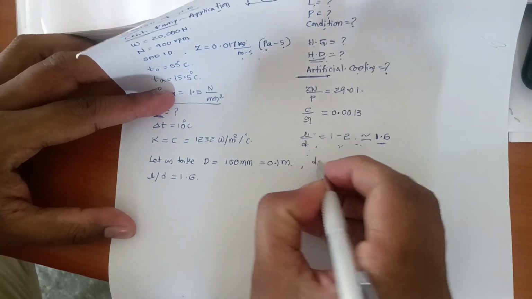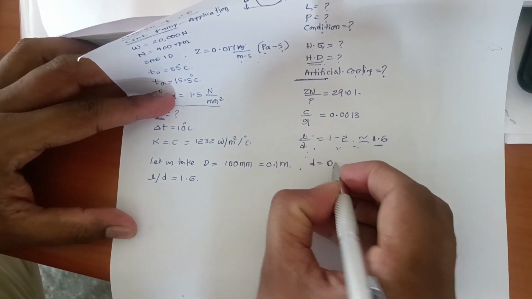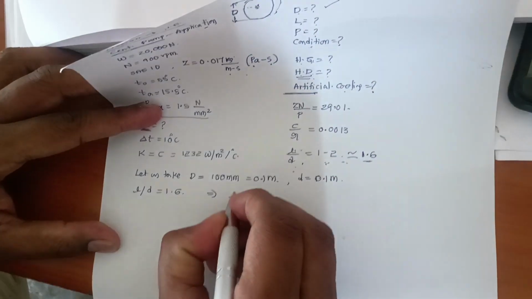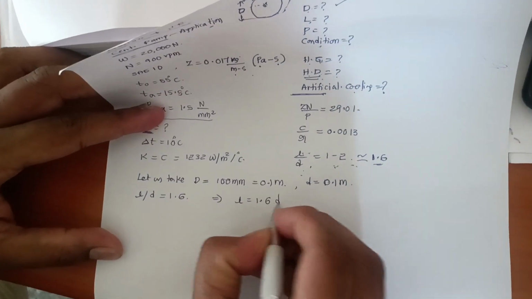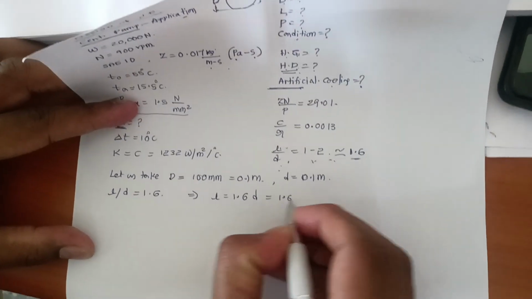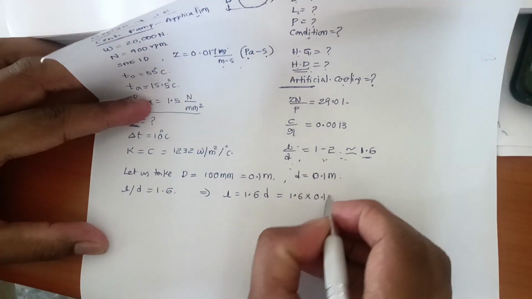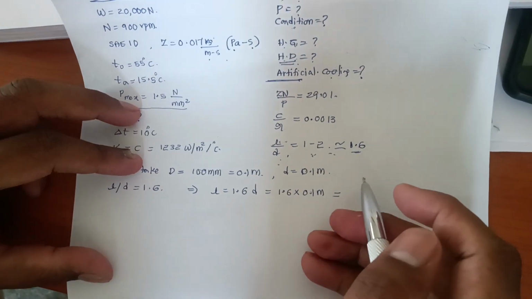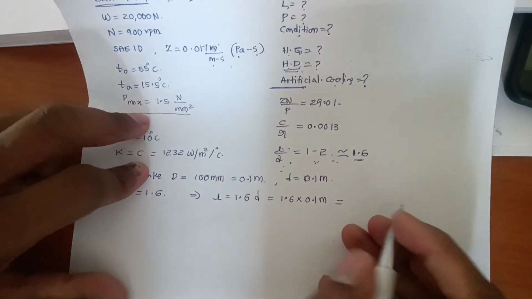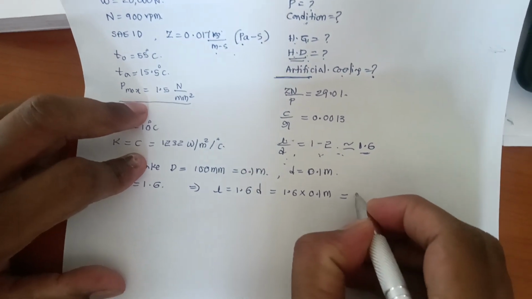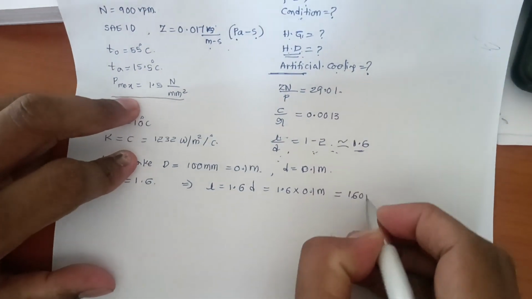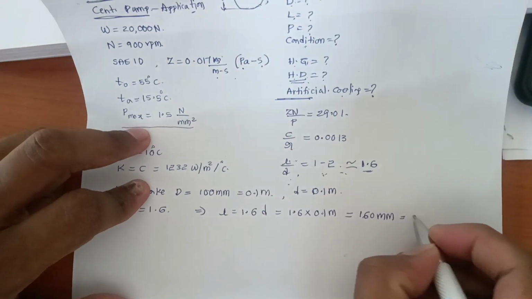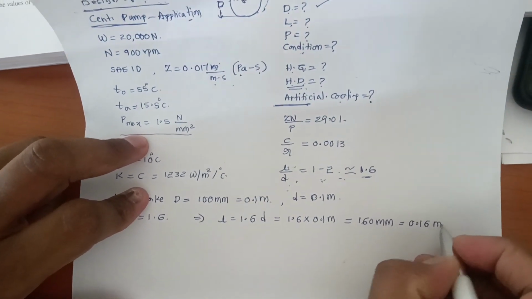Here D is 0.1 meters. From L by D, L is equal to 1.6 D, so 1.6 into the D value 0.1 meters.